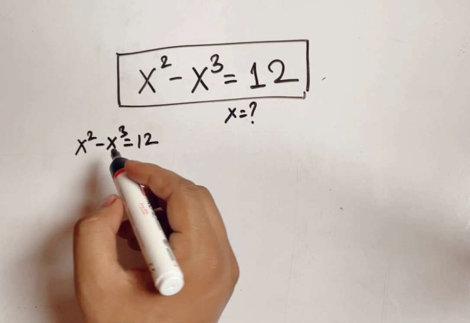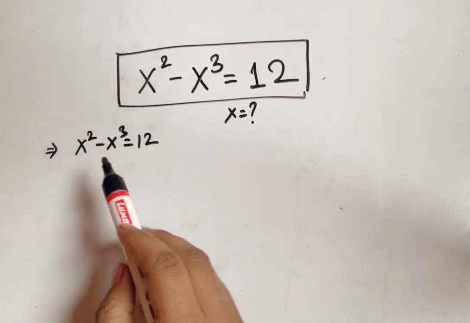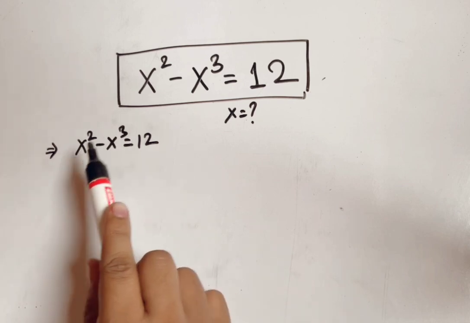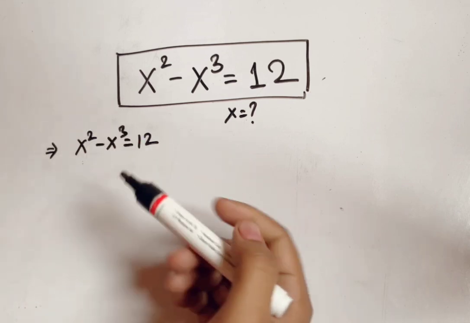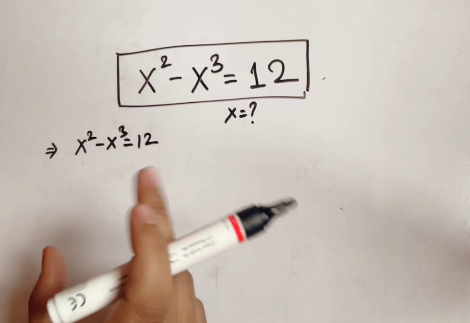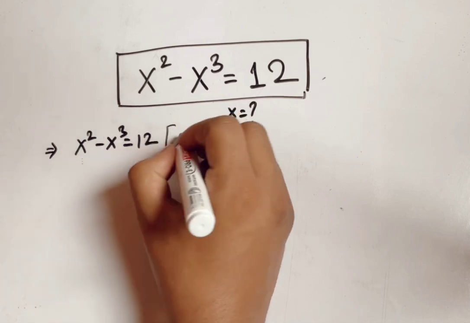Now, before writing the second step, we can just see that 12 and x and square and cube and 12. Okay, so can we write this 12 in the form of the summation of any square and cube? Can we write it like this?